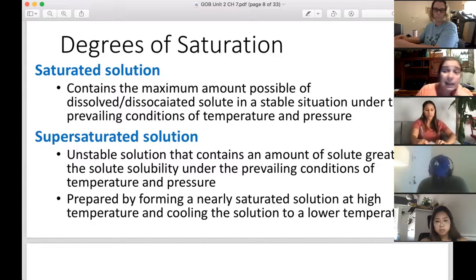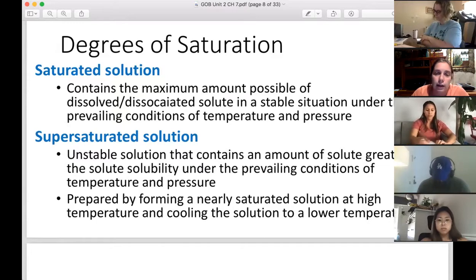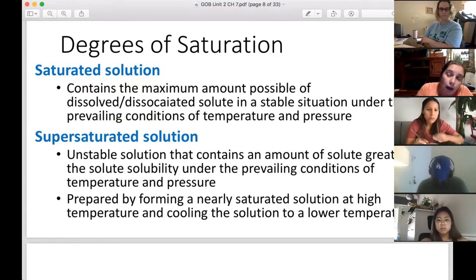But I know that if I heat it up, I'm going to have a new set of conditions, and it would actually no longer be saturated. I could get more into it. A supersaturated solution is an unstable solution that contains more solute than it really should be able to. These are often made by heating up a solution and getting it saturated, and then very slowly cooling it while it's stable.